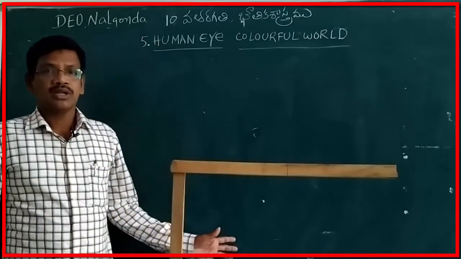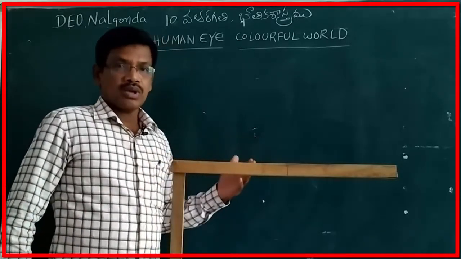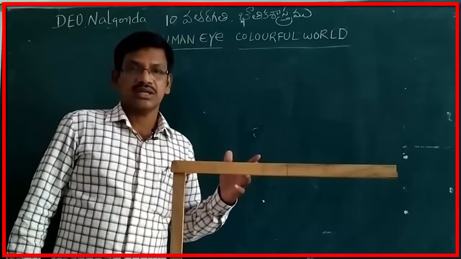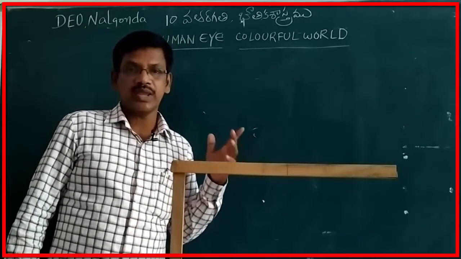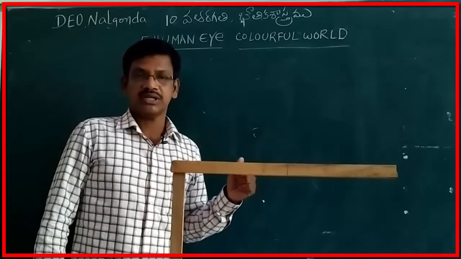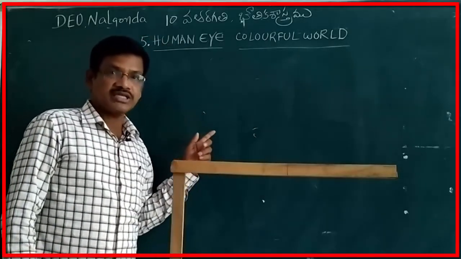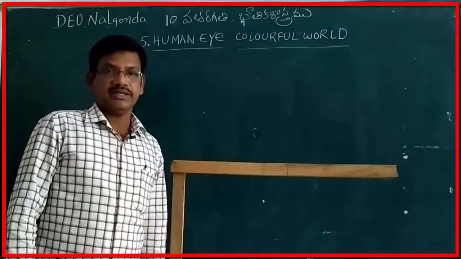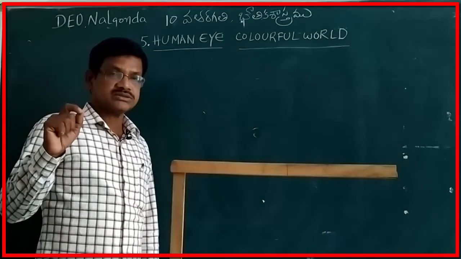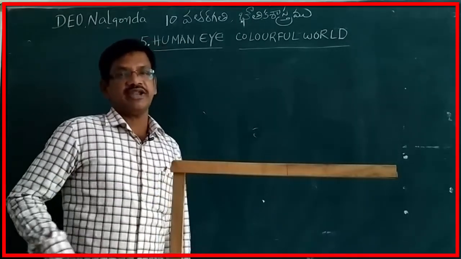And how does the lens show the images at various distances of object? Are we able to see all the objects in front of our eyes clearly, and what is the reason for showing the images on the retina even though the object is at various distances?